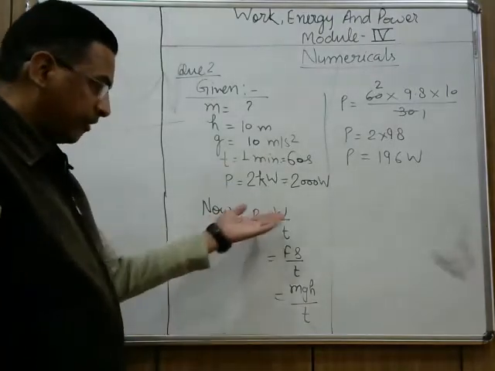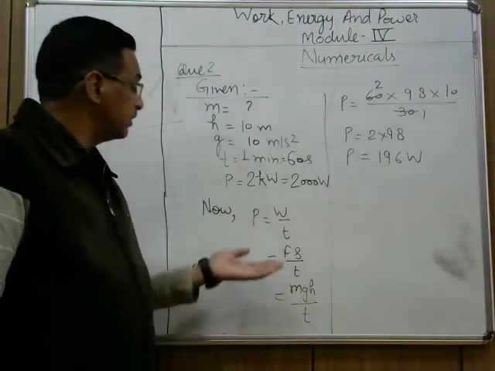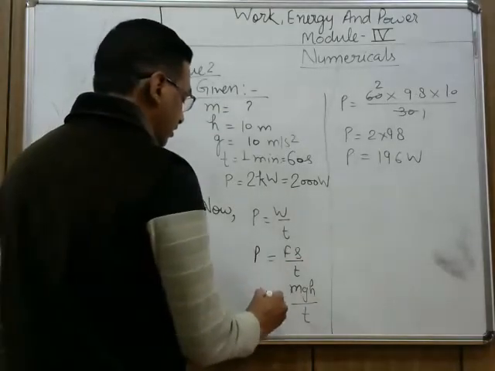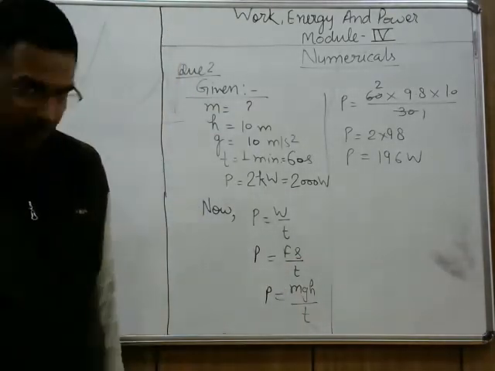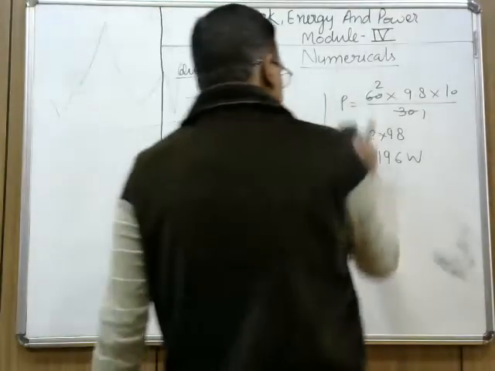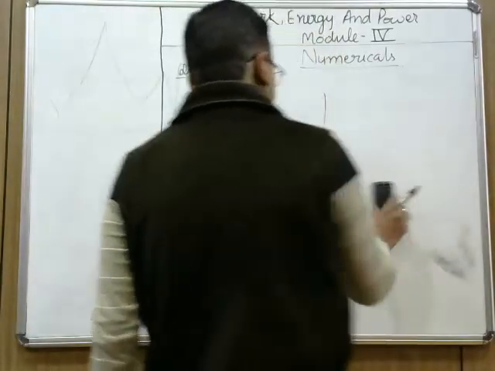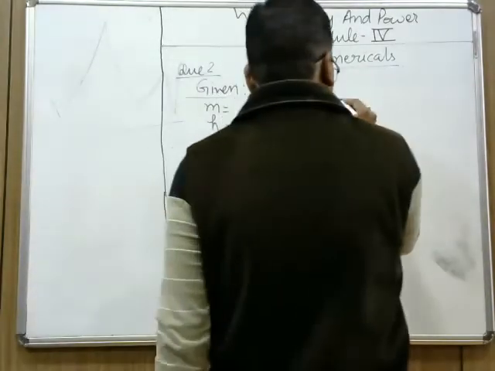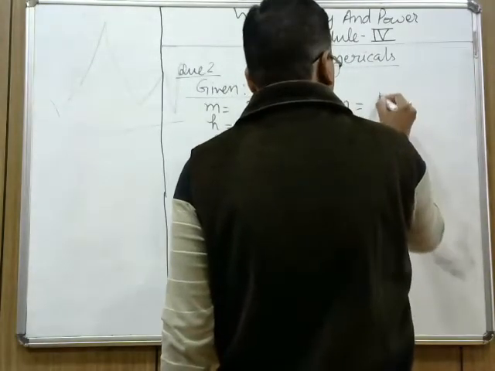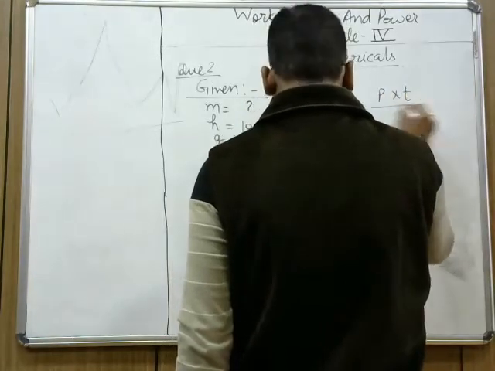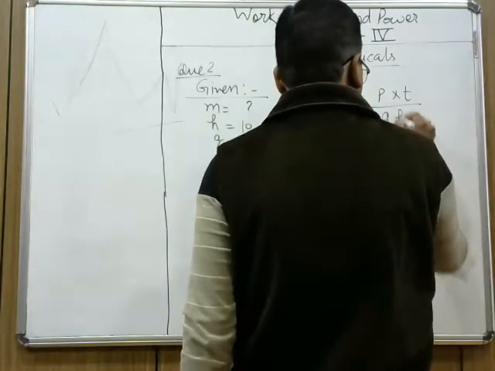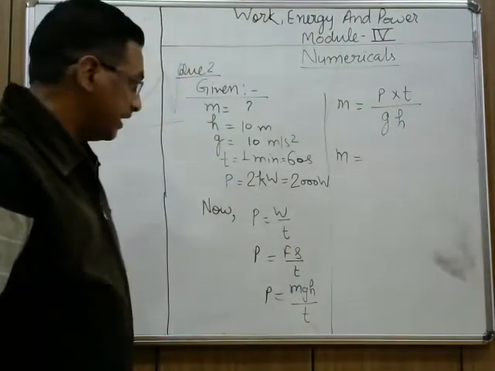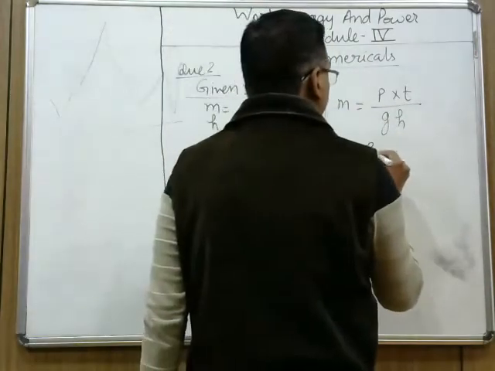Now, again, power equals work upon time. So, Fs upon t, mgh upon t. So, these are the formulas of power. Now, from here, if you see, we have to find the mass. So, mass will be P into t upon gh. Now, power is 2000 watt.